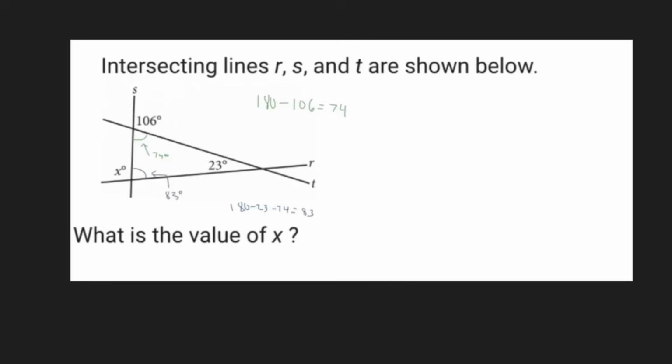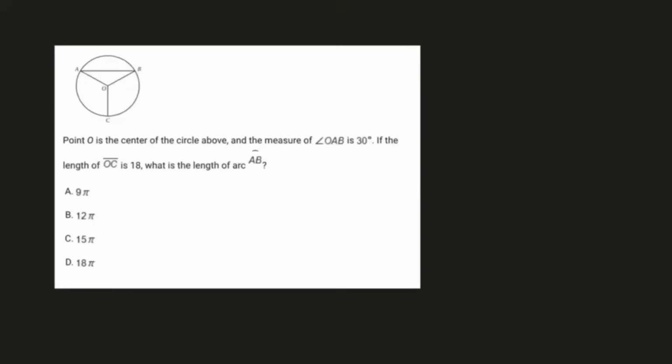Because we have two angles lying on the line R, and any two angles on a line add up to 180 degrees. And so here we just do 180 minus 83 and get our value of X, which is going to be 97 degrees. And yeah, that's how you see it.